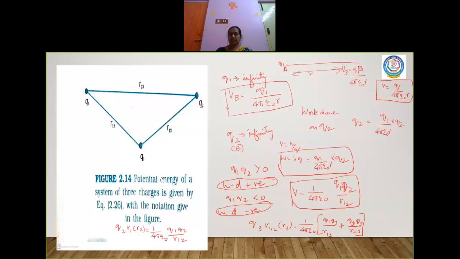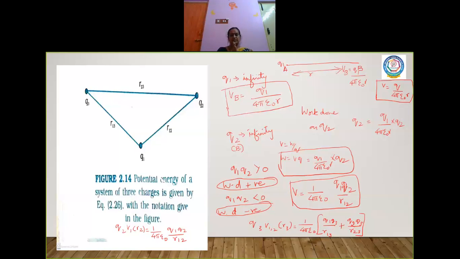So again I am telling you, whether you are bringing the charge from infinity to Q1, to Q3, or to Q2, the work done will have the same value or the energy will be the same, because the path followed here is independent, because we talk about a conservative force here.